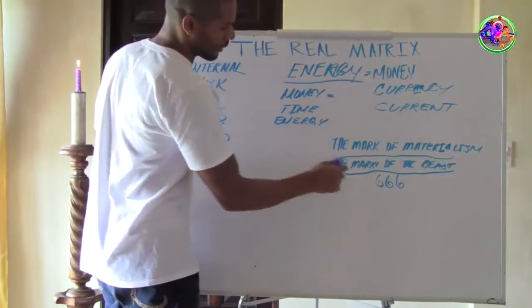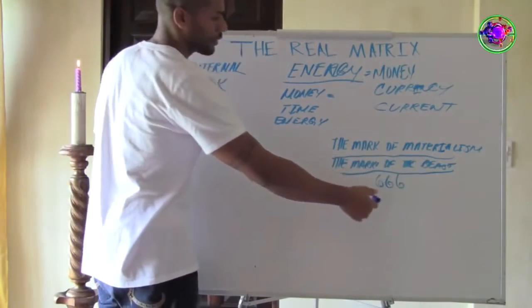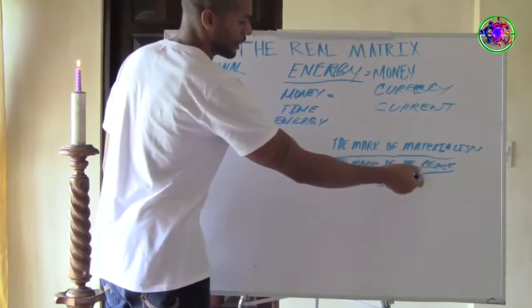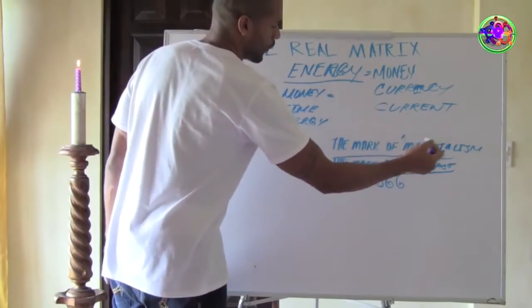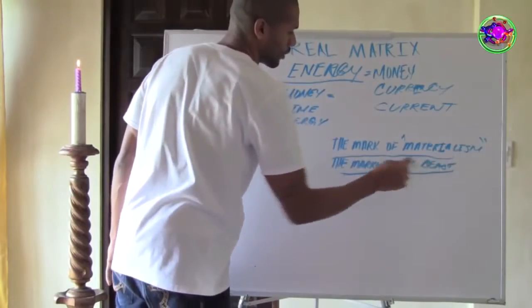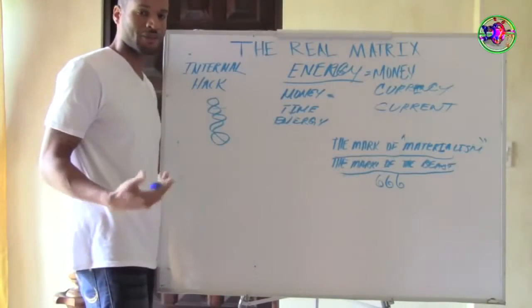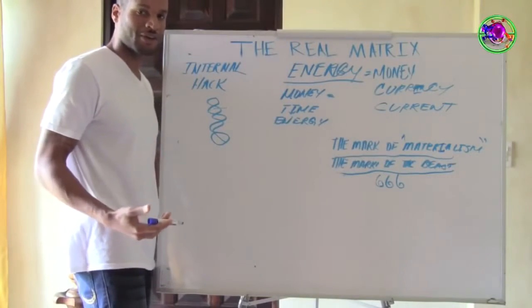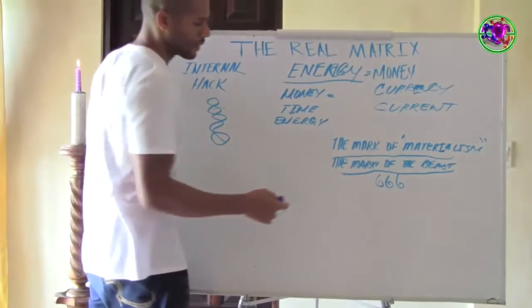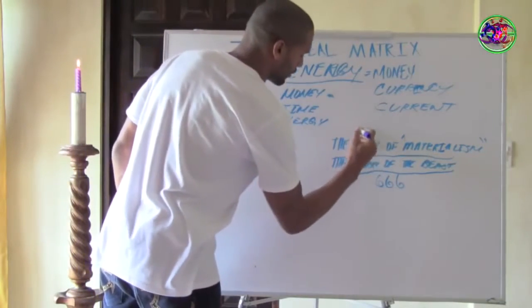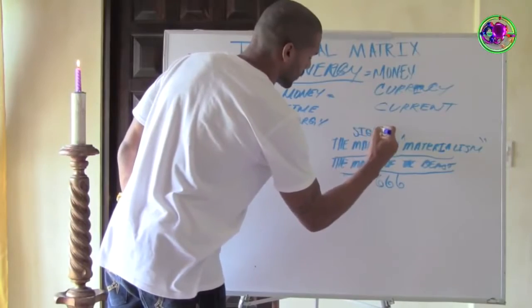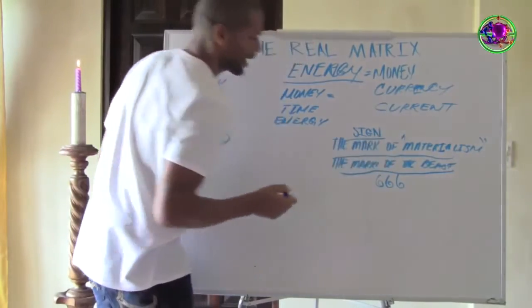So the truth is that the mark of the beast means the mark of materialism, because the beast was only signified as materialism. The beast was a material life form, just like an animal was material or grounded to the earth. And the mark is simply a sign. That's what mark meant to them, a sign.